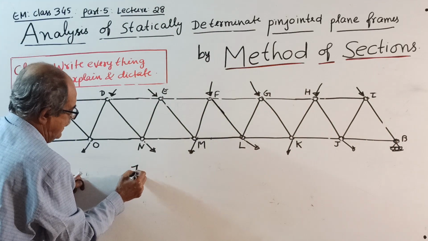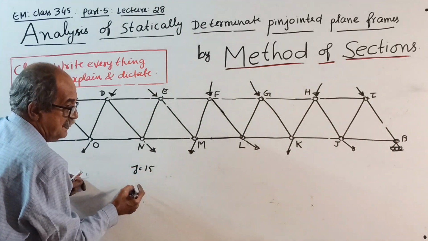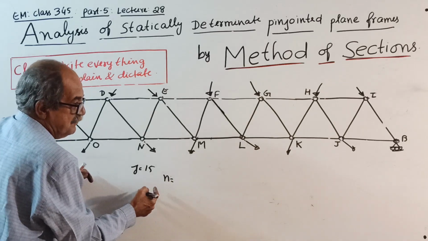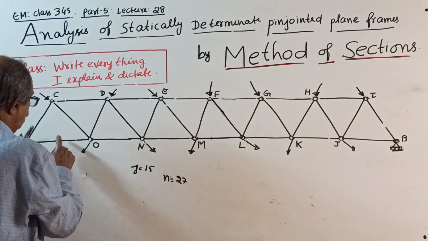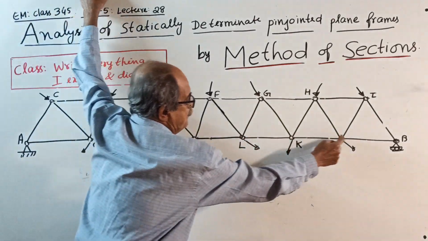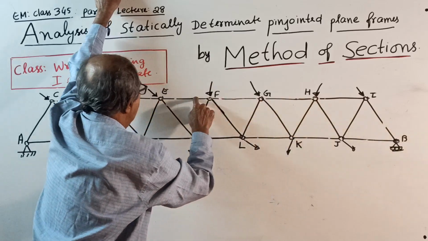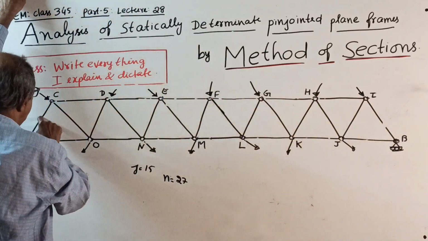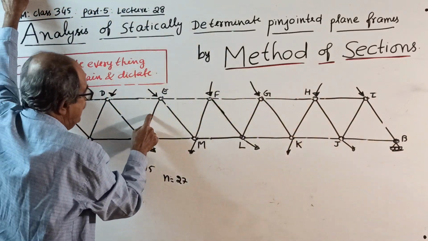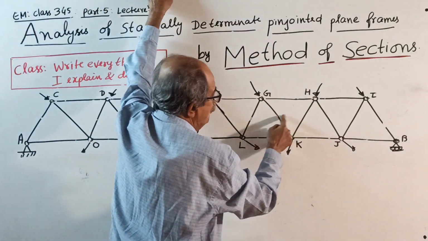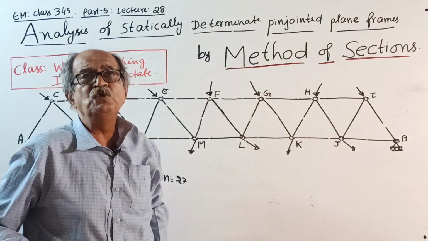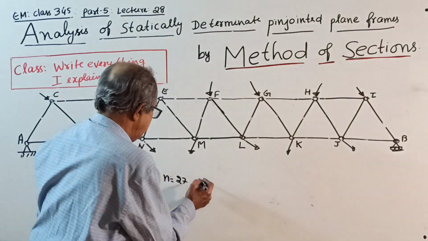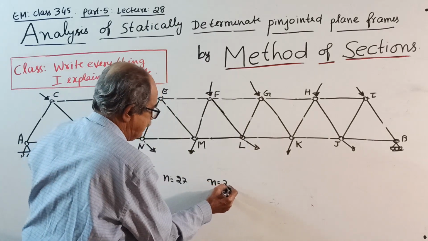15 joints are there. So the number of members will be 2J minus 3, that is 30 minus 3, 27 members, guaranteed. Counting them: 1 to 27. Why? The number of members n equals 2J minus 3 for a perfect frame.